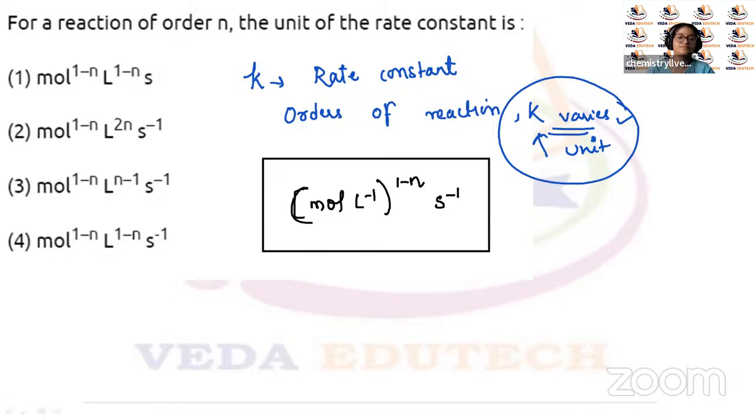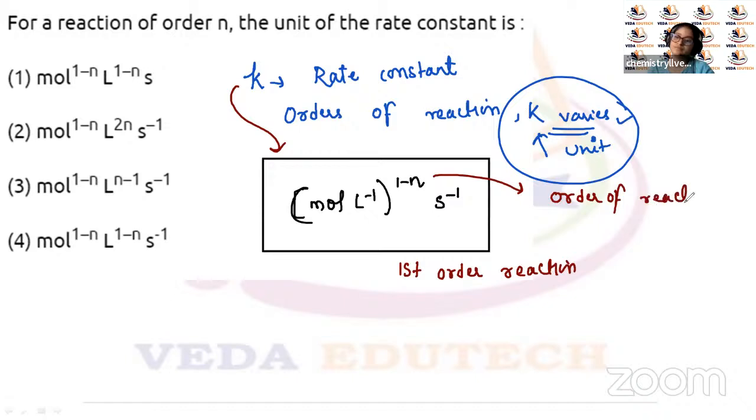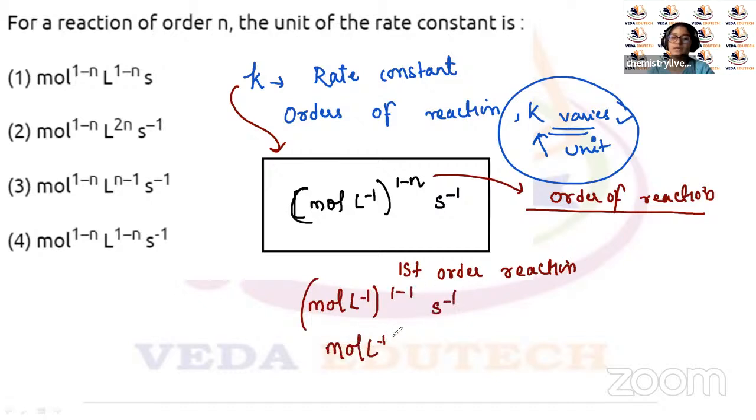Why? For example, if you are asked to find out the unit of the rate constant of a first order reaction, so what can you do? You can substitute the value of n, where n is the order of reaction. And what are you going to do here? You are going to write mole liter inverse to the power 1 minus 1, second inverse. So it will give you mole liter inverse to the power 0, second inverse.